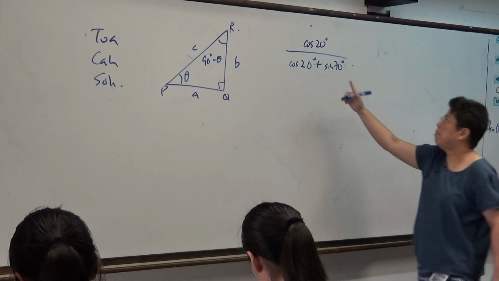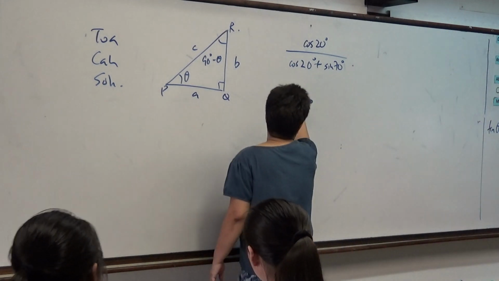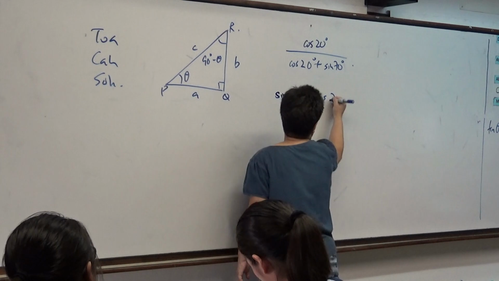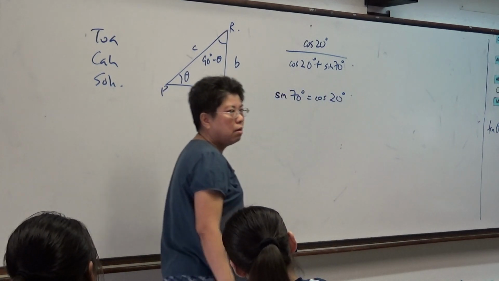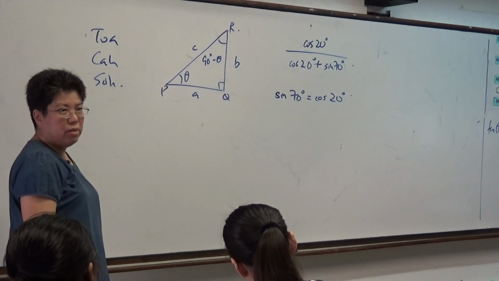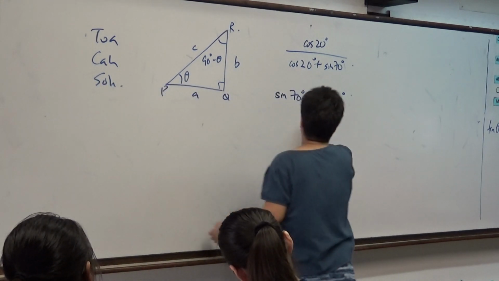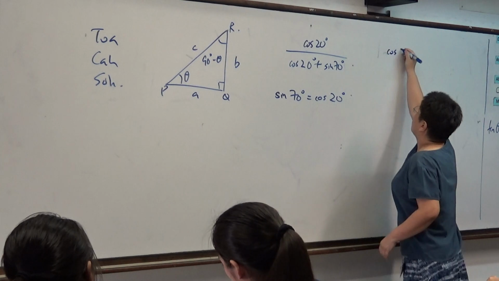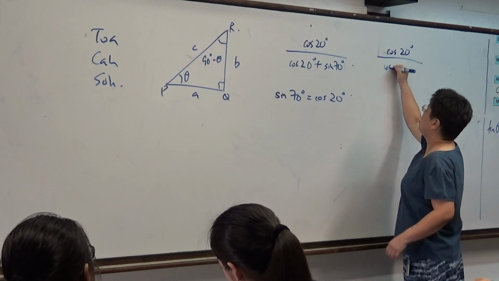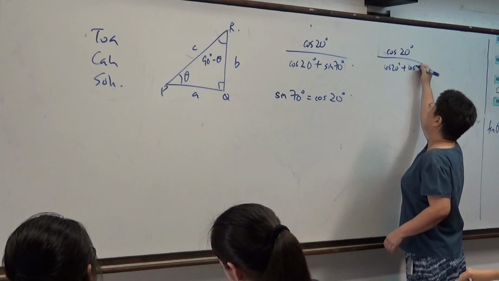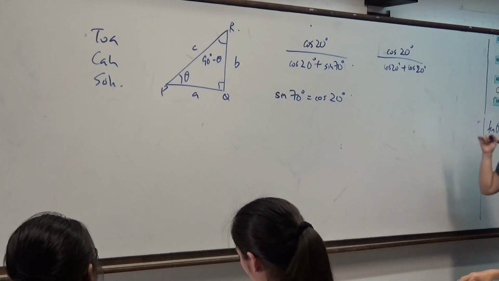Okay, do you agree that sine 70 is cosine 20? Yeah. Correct. So can replace: cosine 20 over cosine 20 plus cosine 20, right?